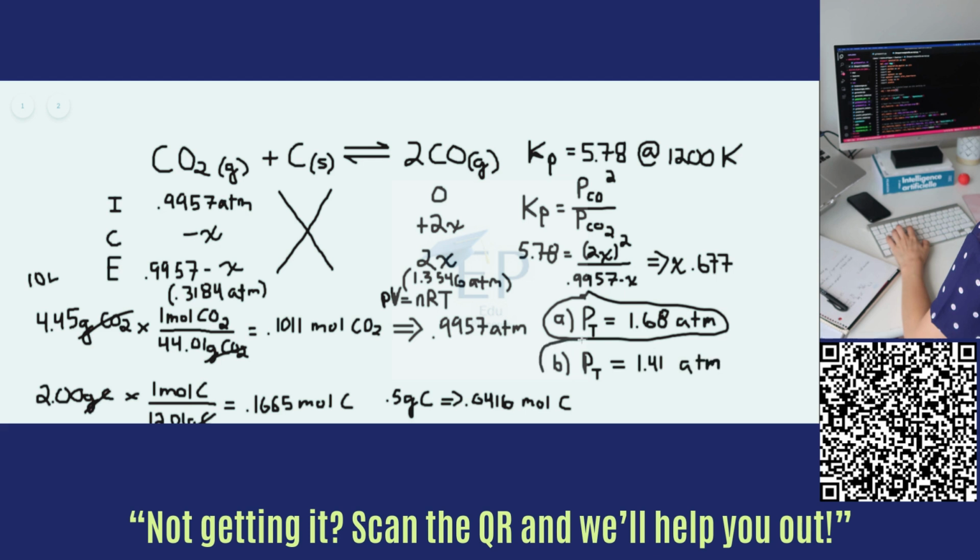So that's the total pressure if you had limiting amounts of carbon. Again, you're doing everything the same way. The only difference is the equilibrium you're going to calculate based on using all of the carbon in the reaction.